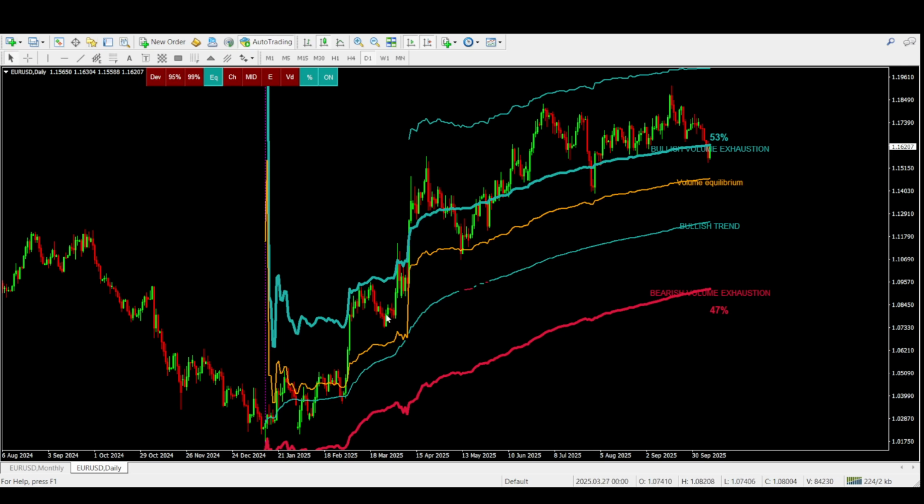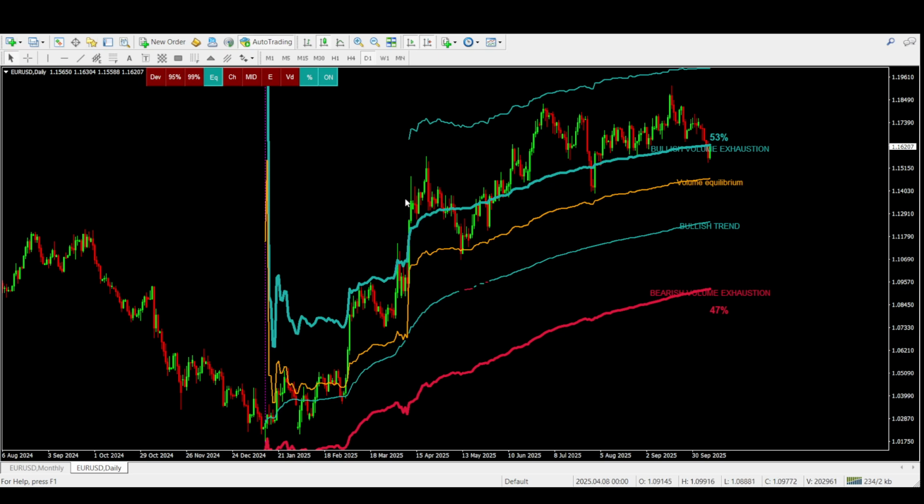This is the volume equilibrium line. If we expect the market to drop here, the market should break or cross the volume equilibrium line and enter the bearish volume here, but nothing like this happened.